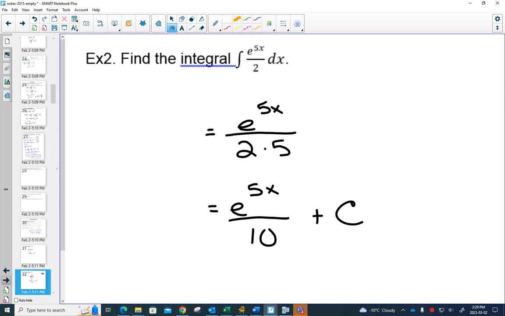How did you do? And with an integral, since integrals are going to be more difficult than derivatives, whenever you get an answer to an integral, you can always take the derivative of it to check. And in this case, if I took the derivative of this, I would have a chain rule. The e to the 5x would stay the same, but then I would multiply by 5. That 5 that I multiply by simplifies with the 10. And I get the 2 on the bottom, so it works out.